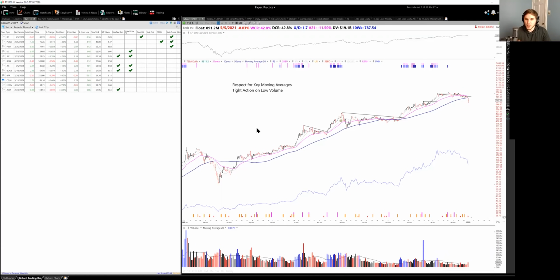And I was stopped out over and over again because I was buying way too far from the lowest-risk entry near the key moving averages. So that's one aha moment in 2019. Don't buy extended, buy as close as you can to support and those key moving averages. That's kind of how I fixed that.